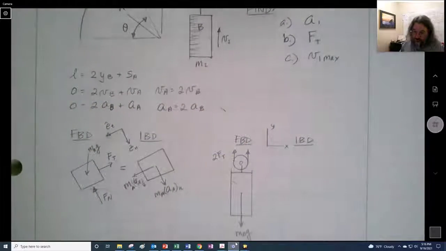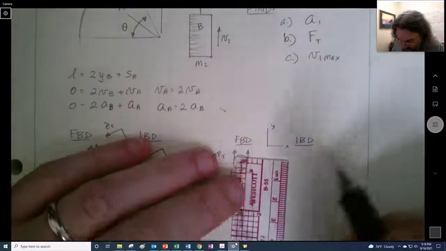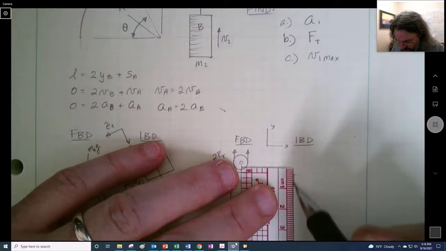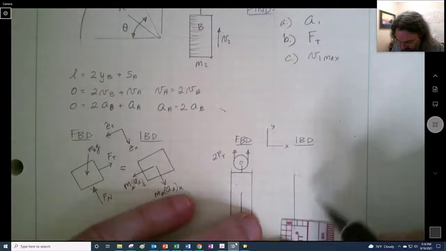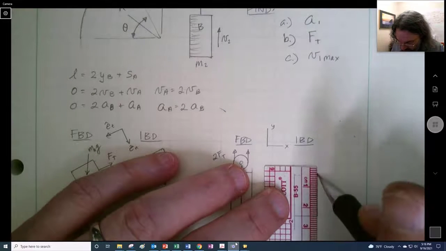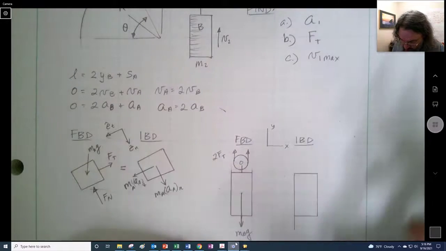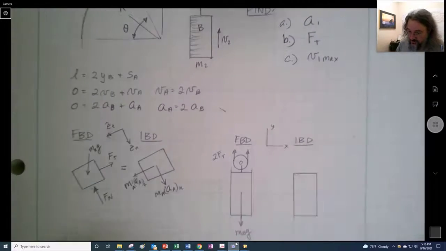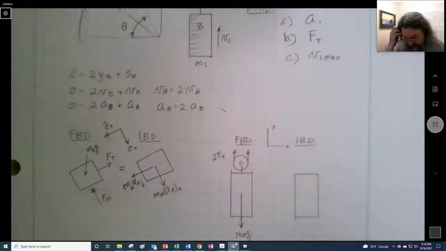And we don't necessarily know the direction of this acceleration, by the way. We just know the direction of the velocity. We know the velocity is going upwards, but it could be slowing down. So that's kind of a thing to consider.